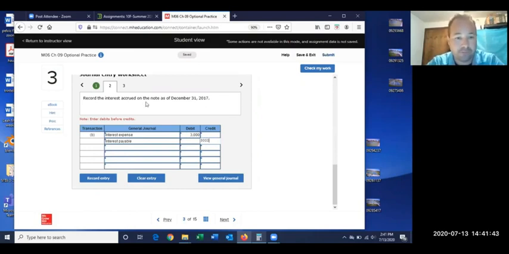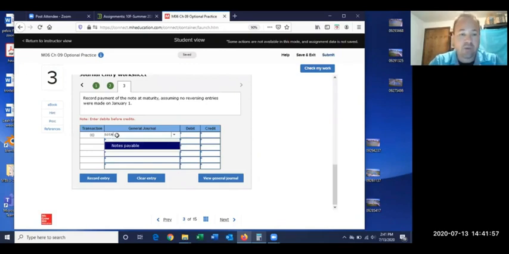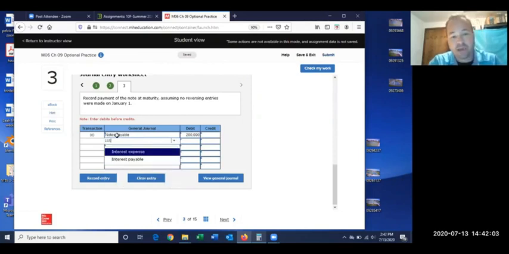And then finally, we're going to record payment of the note at maturity. So I'm showing, okay, I need to get rid of my note payable for 200 grand. I need to show that I paid off last year's interest, 3,000.